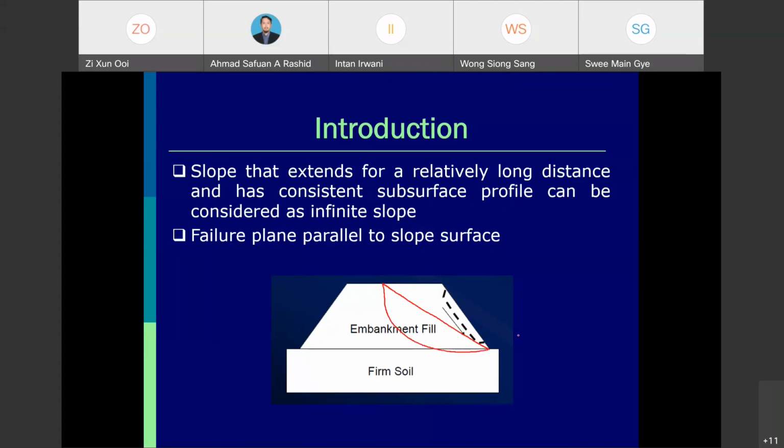But for the infinite slope, we assume that the failure is parallel to the slope surface. This is the common one, but some researchers or textbooks define a failure plane parallel to the slope surface, either in the infinite slope case or in a finite slope, as can be considered an infinite slope.